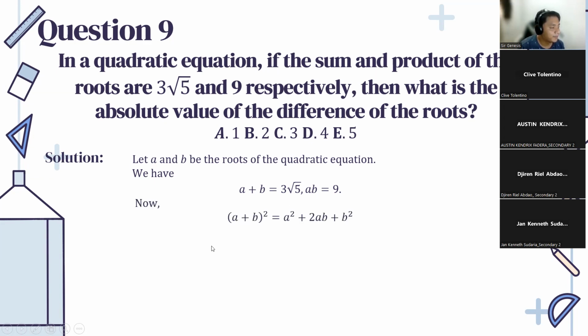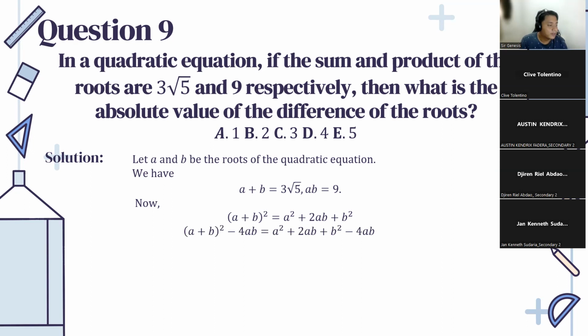Since we need A minus B, in order to transition from A plus B to A minus B, we try to get the square of A plus B. So here, we have A plus B quantity squared is equal to A squared plus 2AB plus B squared.